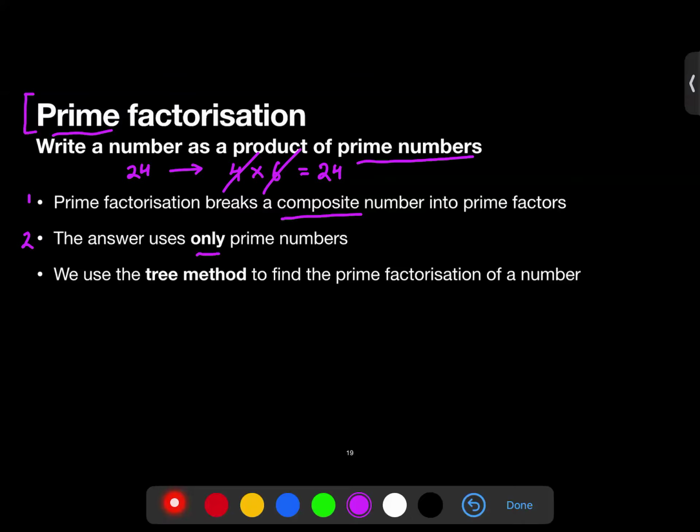And the way that we perform prime factorization is through the tree method. The tree method to find the prime factorization of a number. So now let's see how we actually do the tree method.